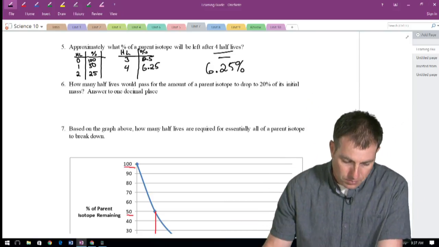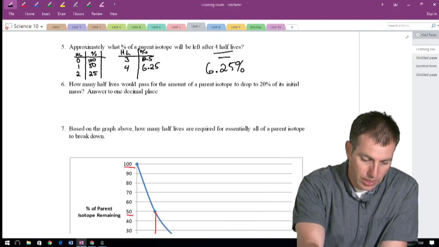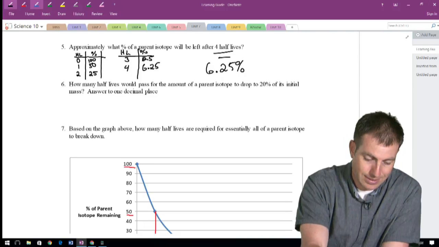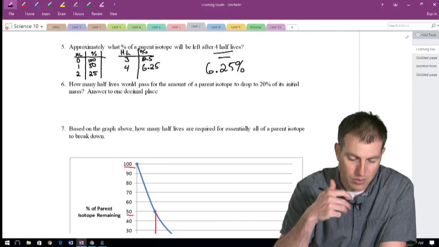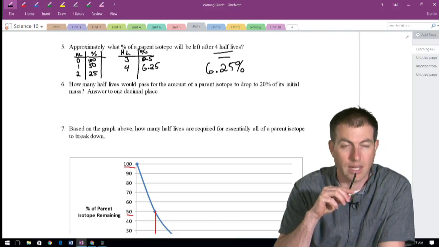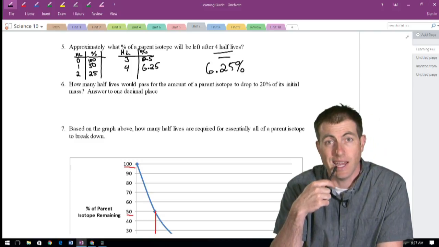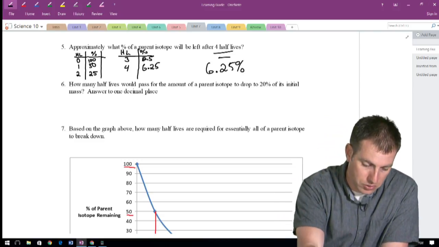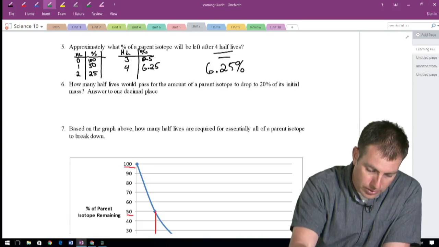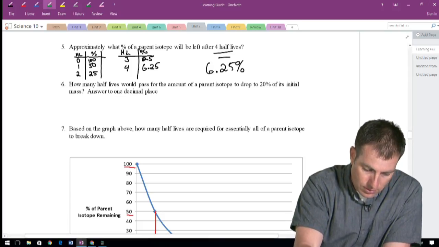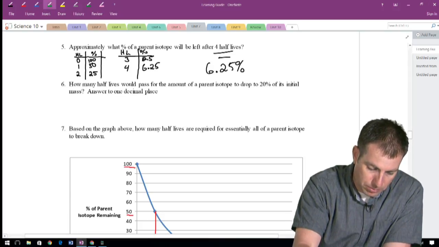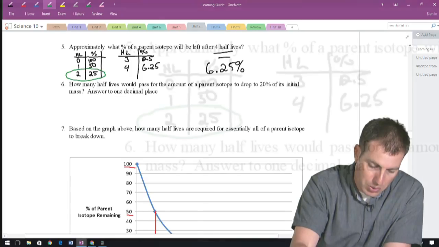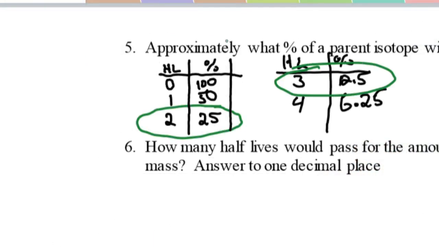So if you were to think about this exact same question as the previous question, they're quite closely related, but it's asking how many half-lives would I be at if I made it to 20% of my initial sample. So if I look at the number of half-lives at 20%, I'm going to be somewhere between 2 half-lives, which is 25, and 3 half-lives, which is 12.5.